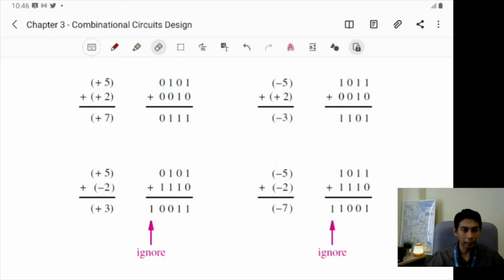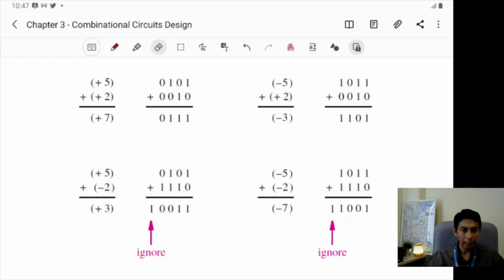When you add, you get this number, and of course you have one carry, but this carry can be ignored in hardware, because this is bit number 5 already. So your system is 4-bit only, so look at the 4 bits. The 4-bit 0011 is exactly 3.